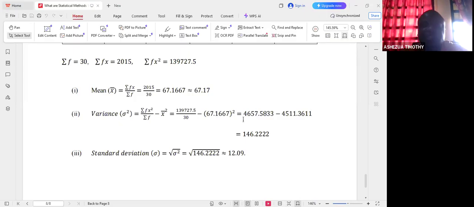I give you an instance. If, for example, at the end of ENS 803, when I took the average of the class, I discovered that the average is 65. That is the mean average of the class is 65.